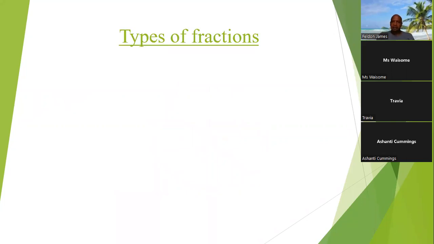Proper, improper, and mixed fractions, sir. So we know proper, improper, and the other one is? Mixed fraction. All right, mixed fraction. Now, oftentimes people say mixed fraction, I rather say mixed numbers.